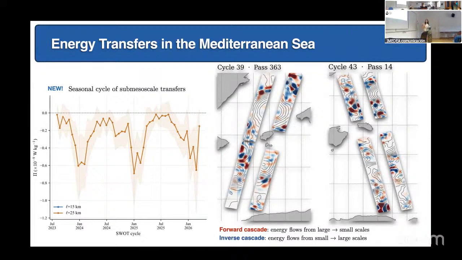But if we look, for example, at eddy kinetic energy, we have it. The kinetic energy shows a seasonal cycle. With SWOT, with other altimeters, no. The increase in eddy kinetic energy with models was something that was predicted. Yeah, but not the transfer of energy. This was really new.